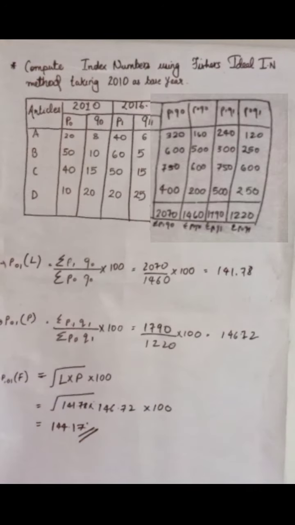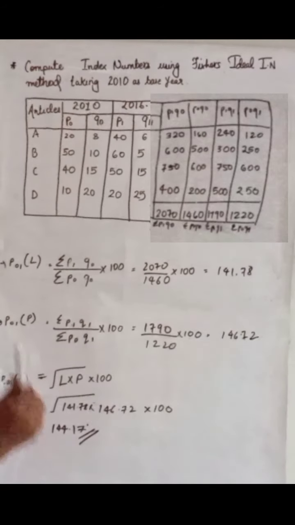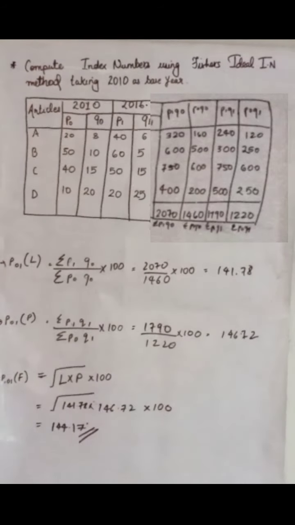So this is the index number using Fisher's ideal method. This is how you have to calculate. Firstly you should know the formula of Laspeyres, then the formula of Paasche, then we are basically doing the combination of Laspeyres into Paasche. So that's it.